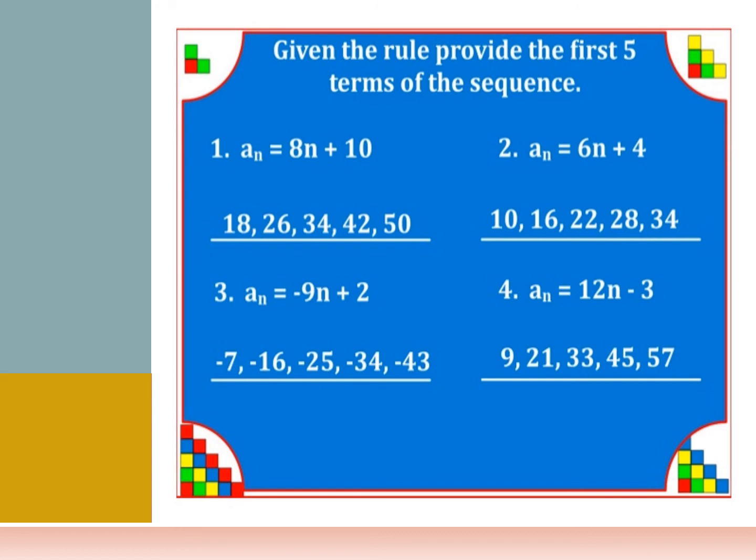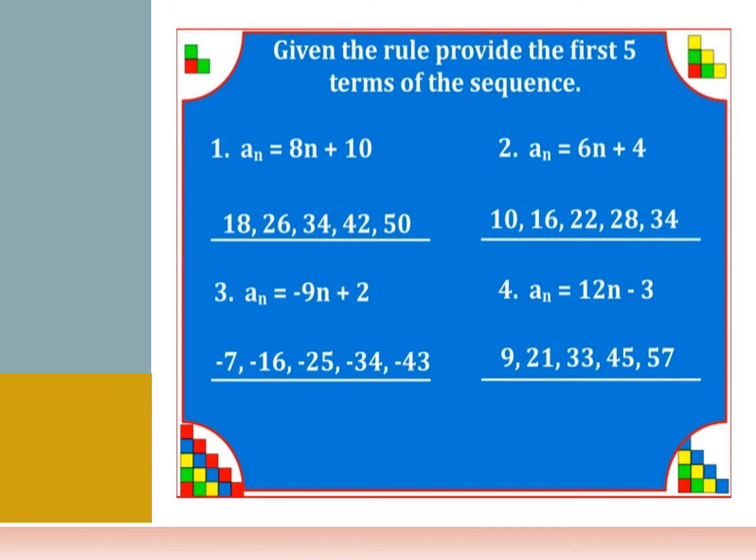So minus 7, minus 9 is minus 16, minus 9 is minus 25, minus 9 is minus 34, minus 9 is minus 43. The last one, an is equal to 12n minus 3, so d is equal to 12, and the first term, 12 minus 3, is 9. So 9 plus 12 is 21, plus 12 is 33, plus 12 is 45, plus 12 is 57.